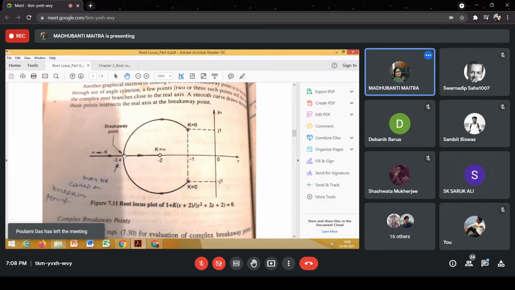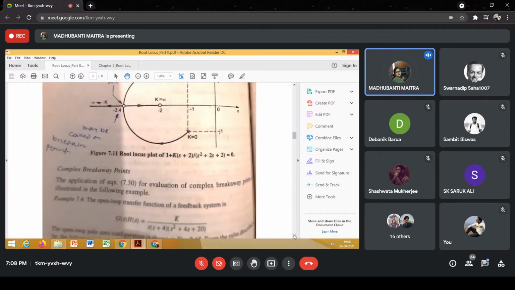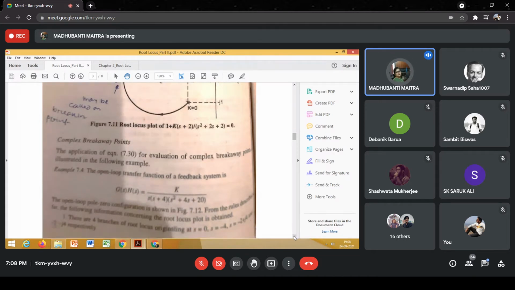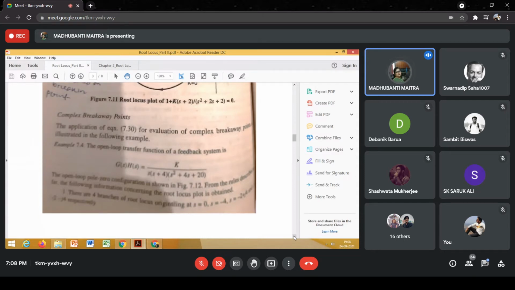Yes, ma'am. Hence, we have justified the equation dK/ds equal to 0 for the complex breakaway point. And let's take this example: G(s)H(s) is equal to k divided by s into s plus 4 into s squared plus 4s plus 20.